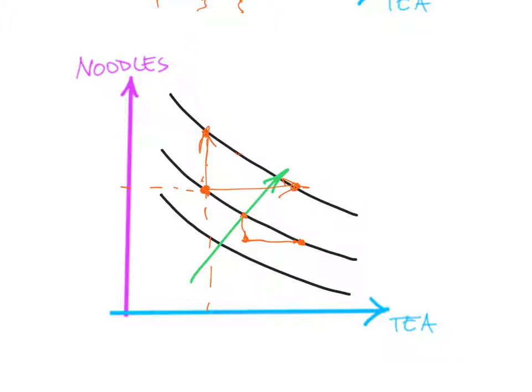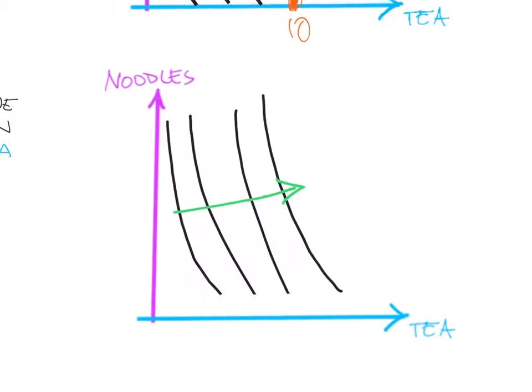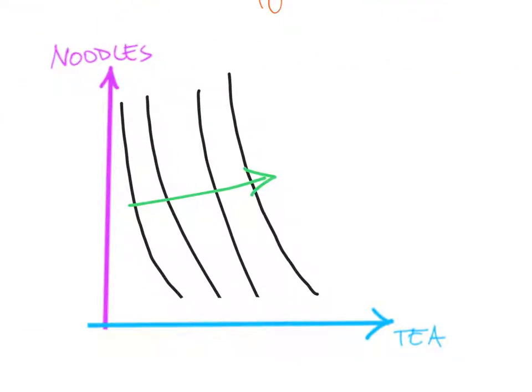Noodles, right? Okay, so just from the slope of these indifference curves, now we can say this person seems to like noodles more than tea, compared to someone with a different kind of indifference map, which might look like this, right? So now this is an easy question. What can we say about this person's preferences? Likes tea more. Yeah, likes tea more than noodles, okay?